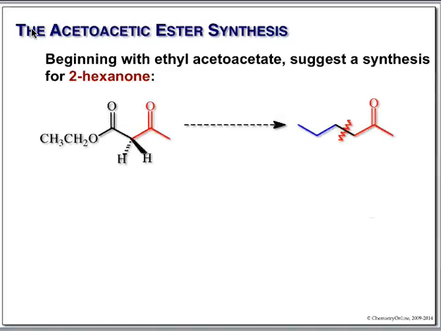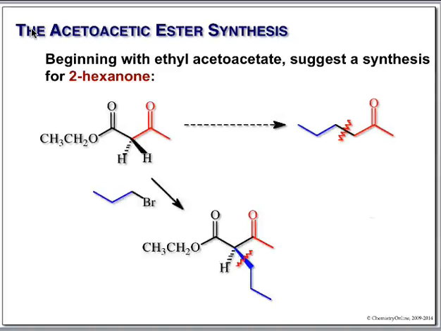These 3 carbons from the ethyl acetoacetate, and these 3 carbons from an alkyl halide. Here's our alkyl halide. The anion will simply attack. We'll get this. Here's the bond we made.